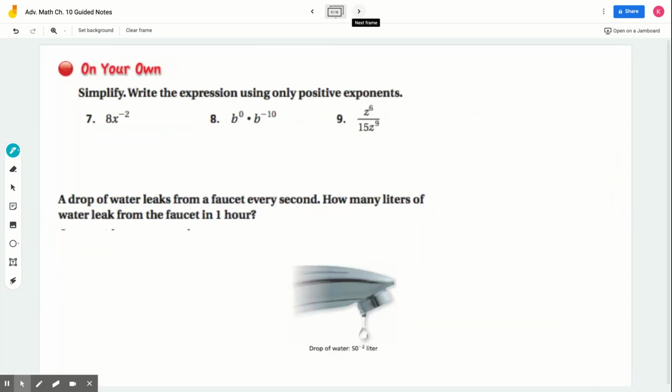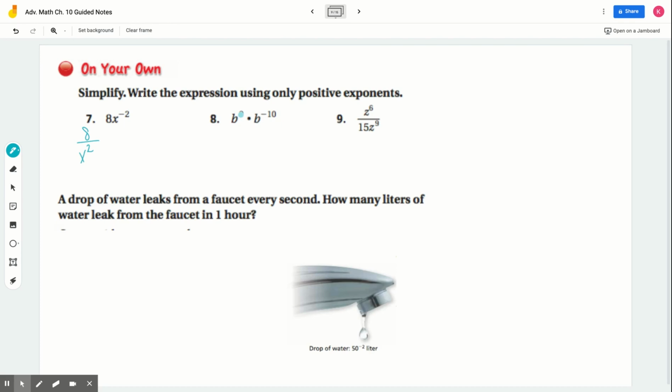Now, we need to simplify, writing the expression using only positive exponents. So here with this 8x to the negative second power, this only applies to the x. So we are only moving the x and the exponent to the denominator. So this is 8 over x squared.